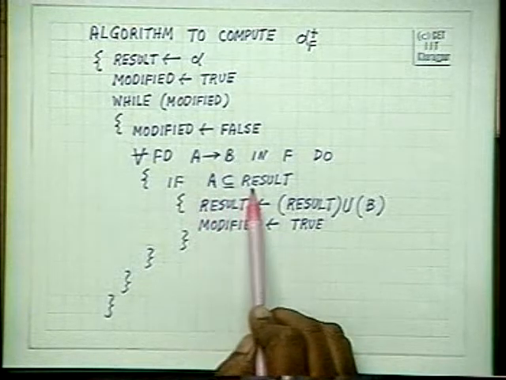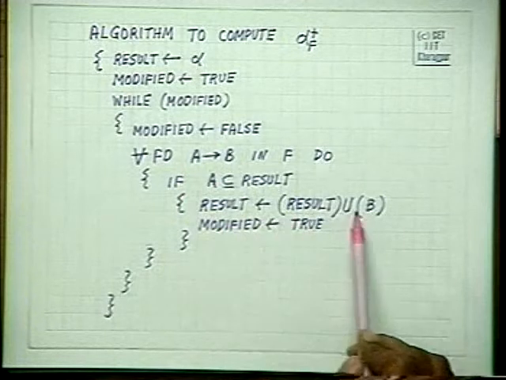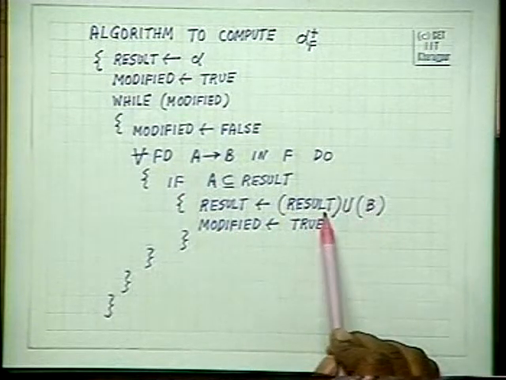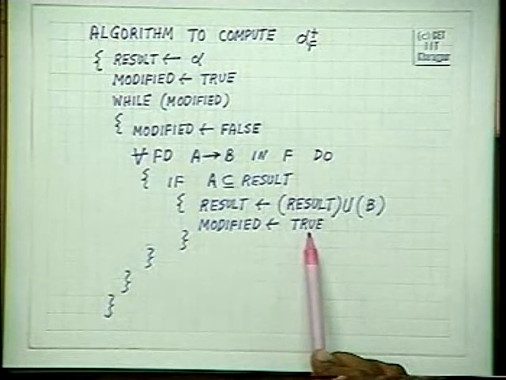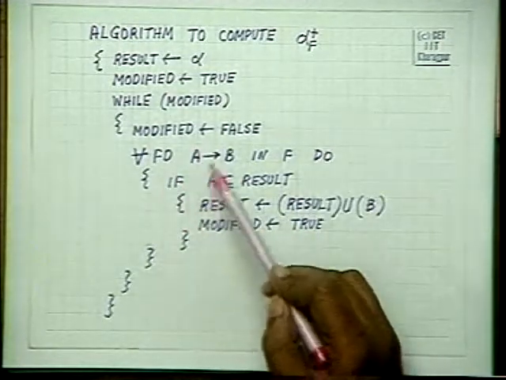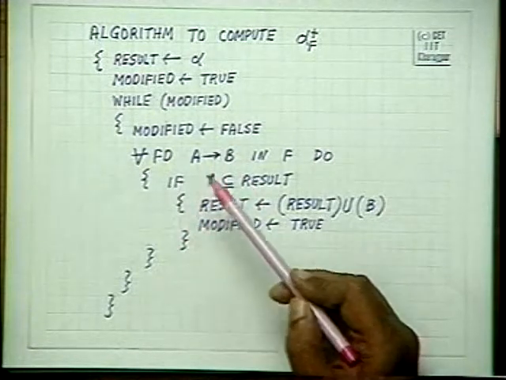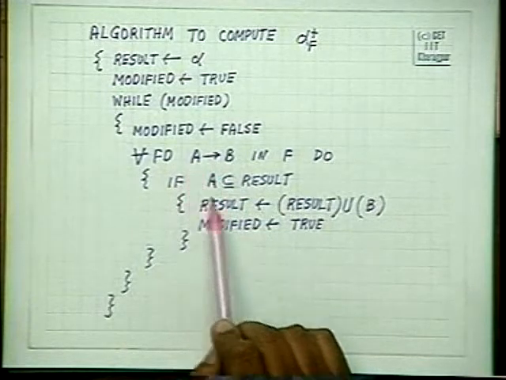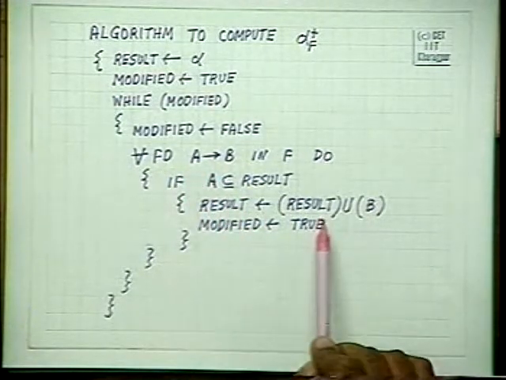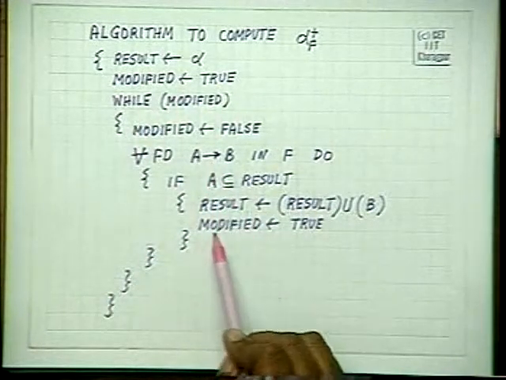If A is a subset of the current result set of attributes, then you add B to that and say that some modification has taken place, and you do it for all the functional dependencies. Now, if there is any one functional dependency for which an addition has taken place, this outer loop is executed again, because modified becomes true.